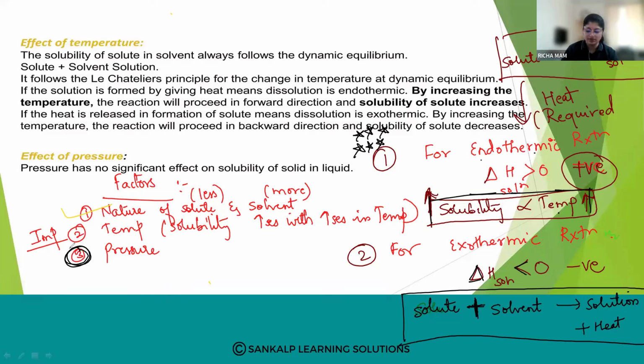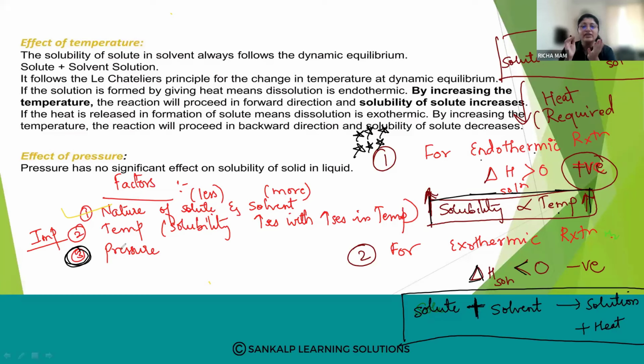Next is pressure. How does pressure play a role? Pressure does not have any significant effect on the solubility of a solid, as solids and liquids are highly incompressible. You know that solids and liquids cannot be compressed.